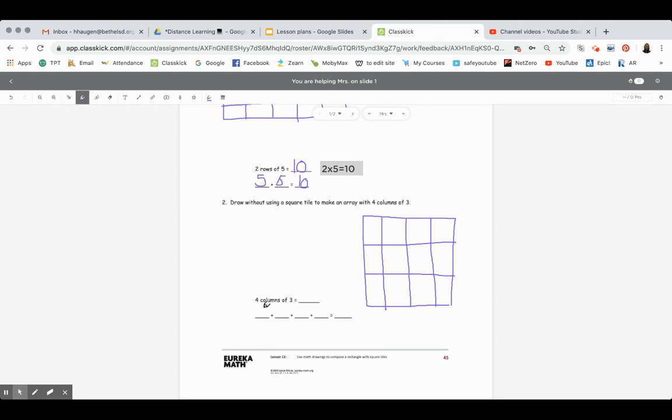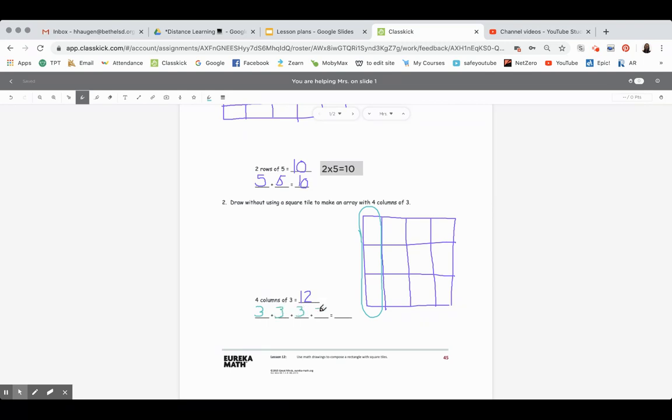4 columns of 3 equals, well, when I count them all out, I get 12. My total is 12. Now again, because I organize them in columns, what I'm looking at is this right here. So my repeated number is 3. So on each line, sorry, I will write 3.